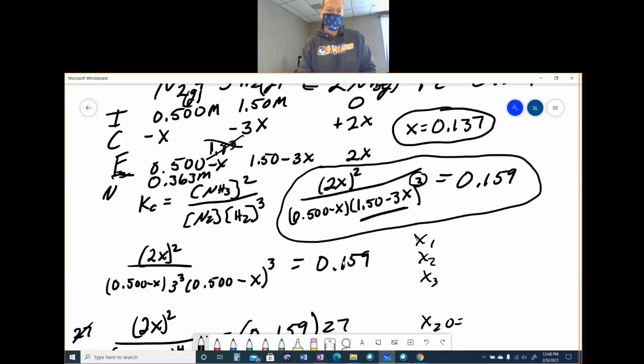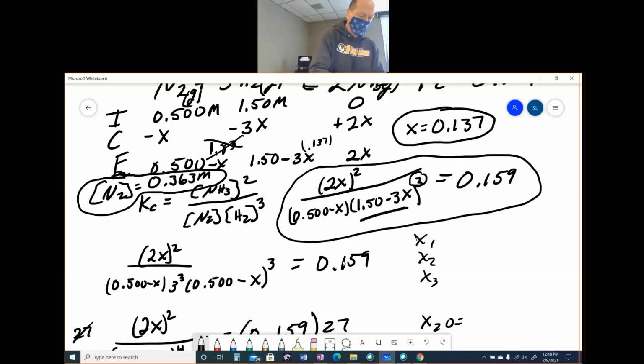So your N2 concentration at equilibrium is 0.363. All right, so your H2, 0.137 here is X. So 1.5 minus 3 times 0.137. All right, and so that gives you a 1.09 molar.